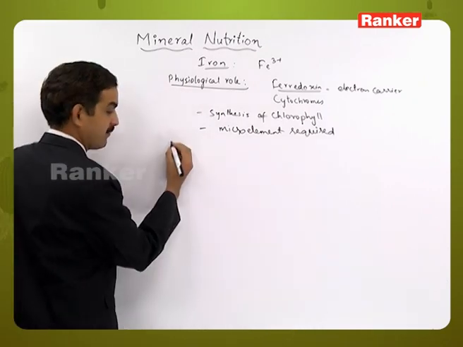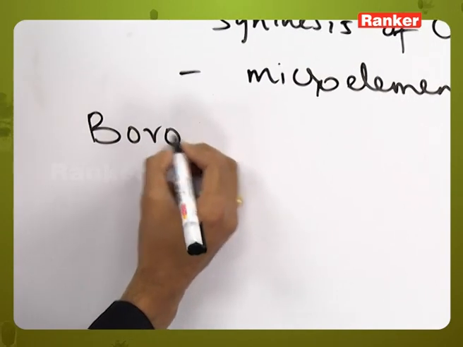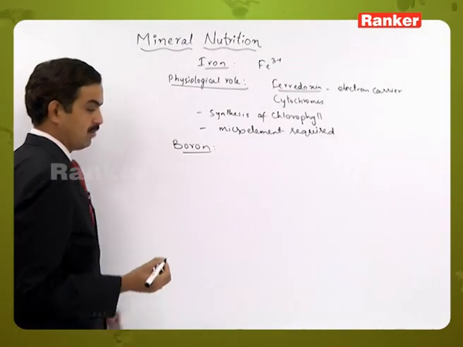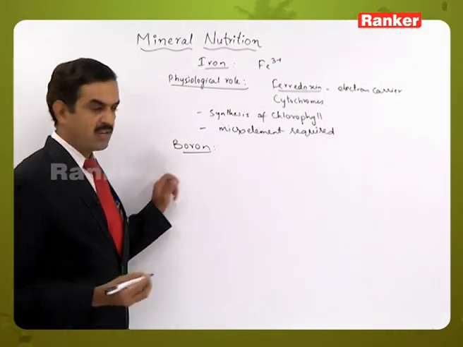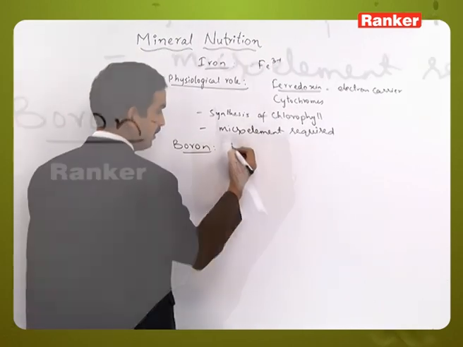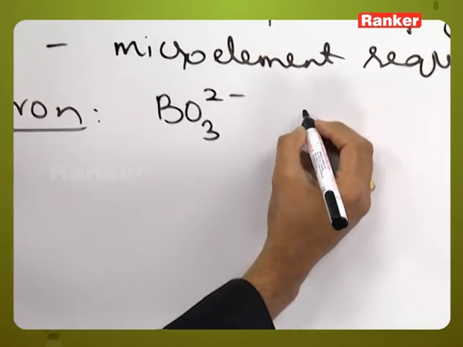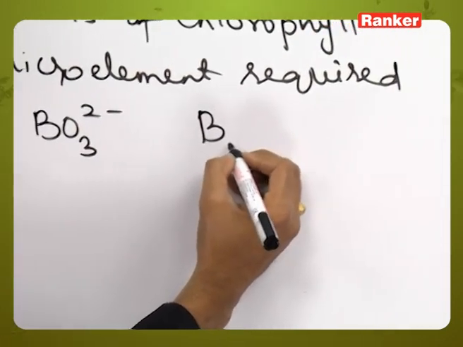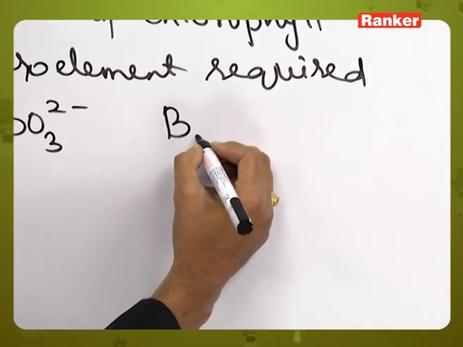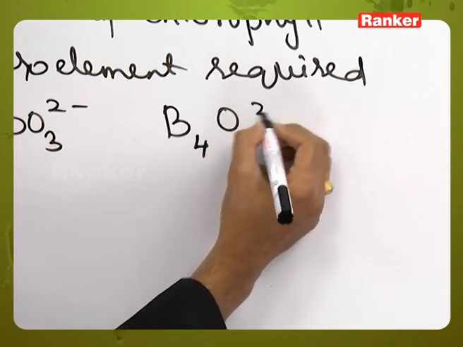The next one is boron. Boron is absorbed in anionic form, that is BO3 -2, and tetraborate form, that is B4O7 -2.